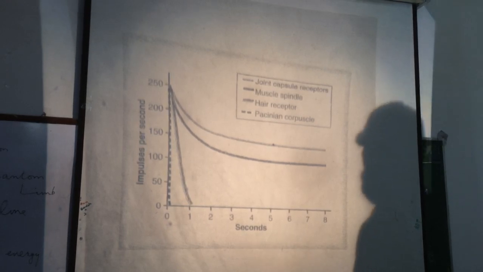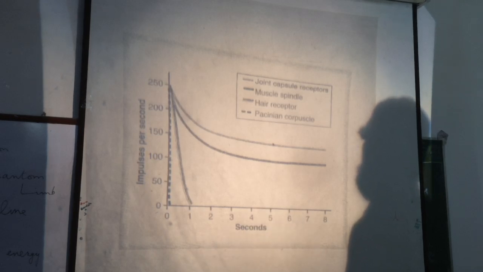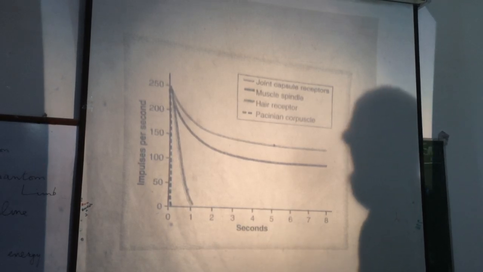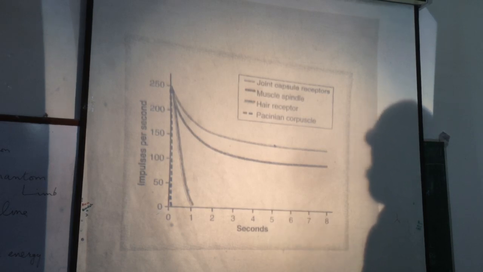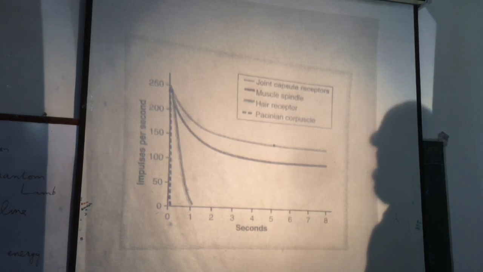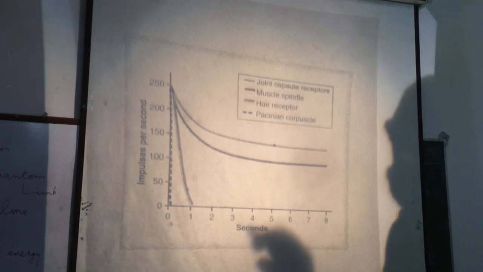I again repeat that when a stimulus of constant intensity is applied continuously to the receptors, after some time, discharge of impulses from the receptors along its sensory nerve fibers decreases. This is called adaptation.